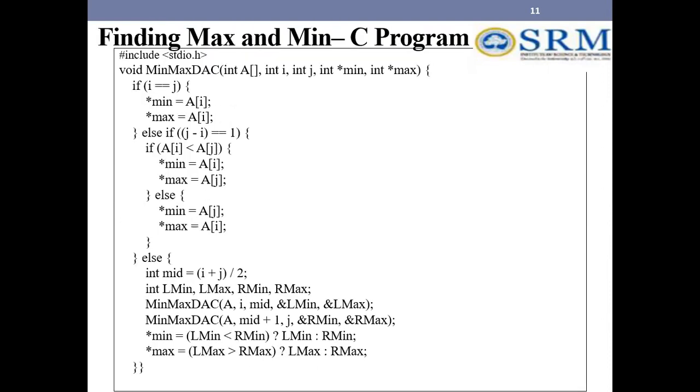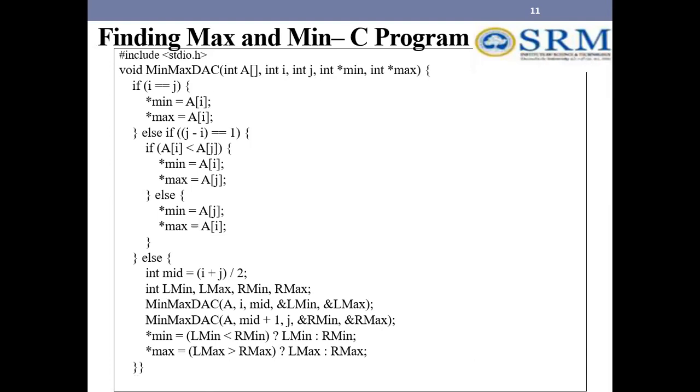And this is the code for finding min and max. If we have only one element, if i equal to j, the same element is assigned as min and max. If the array has only one element, we can't compare it with another element. So we check the limit, if i equal to j, and assign the first element as minimum and maximum.